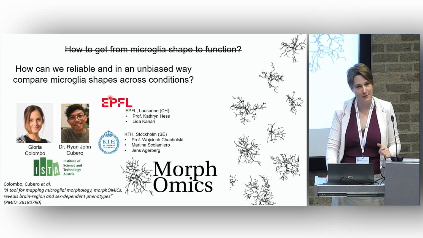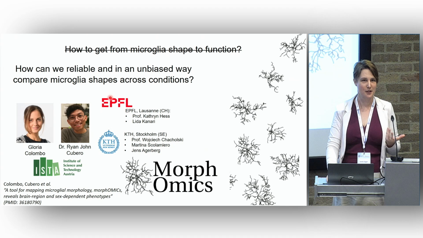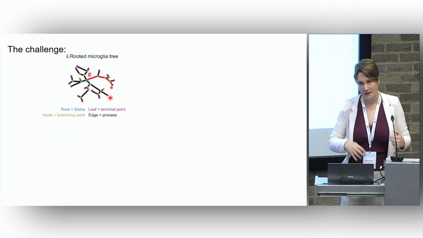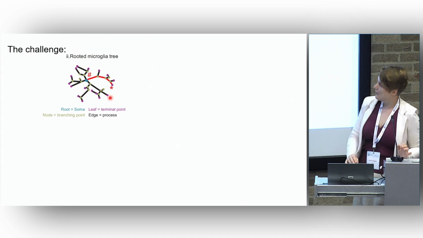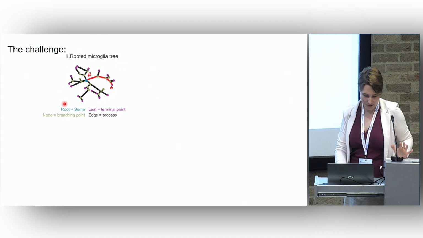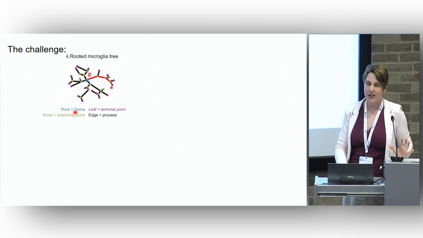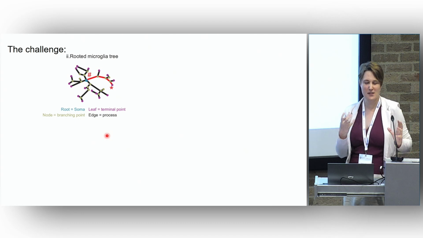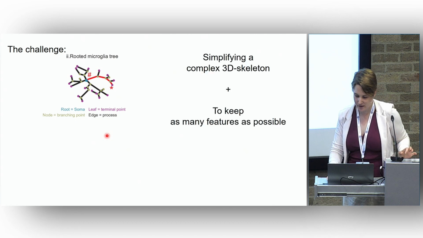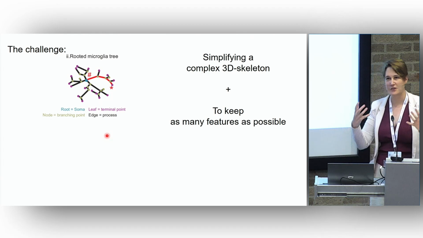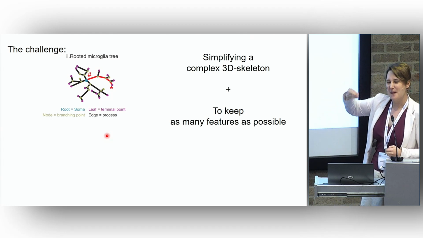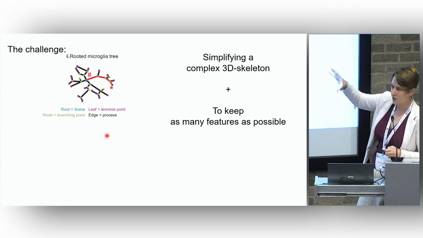So let me point out the challenge we run into if we analyze microglia morphologies. We normally generate 3D rooted microglia trees, a branched structure, but they are very difficult to handle. We want to simplify the tree in a way that keeps as many features as possible of the tree structure.